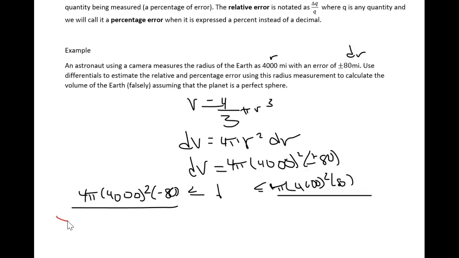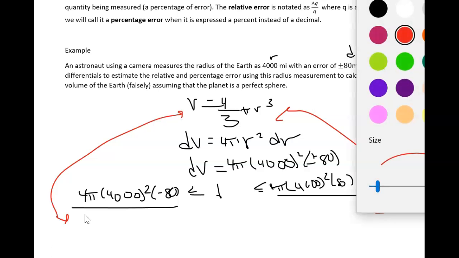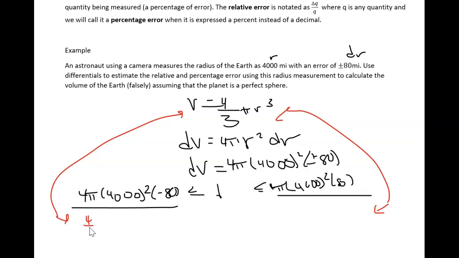So your denominator here and here needs to be the volume for that given radius. So that is going to be 4/3 pi, r is 4,000 cubed. And then we want to leave our answer both as a decimal and as a percentage.